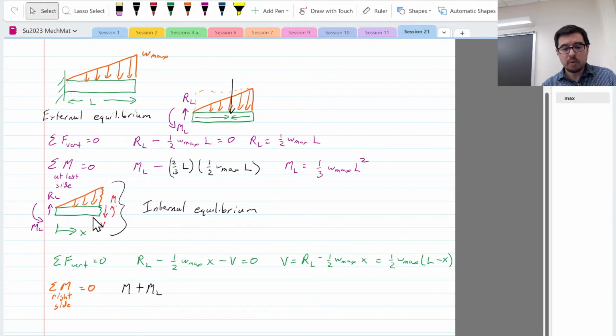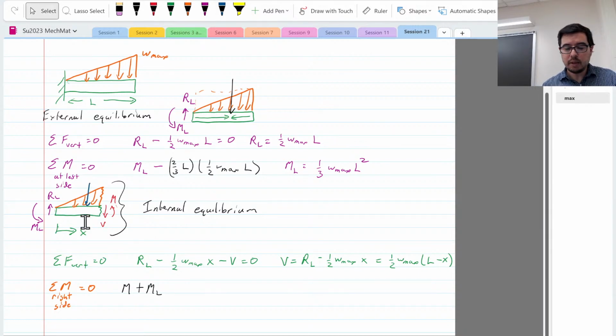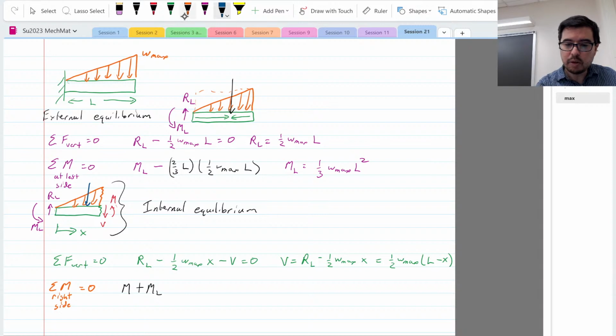And we also have a positive contribution from this distributed force. And where is this distributed force acting? Well, it's acting, again, effectively here. So now it's 1/3 X from this side.